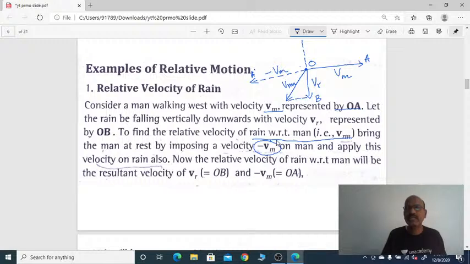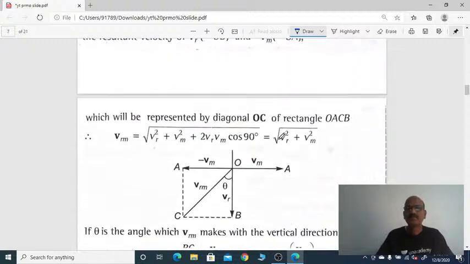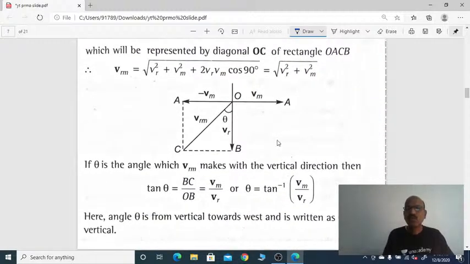If I take this right angle triangle with this angle theta, OA represents the velocity of man and OB represents the velocity of rain, falling vertically, at 90 degrees. To find the relative velocity, I draw an opposite negative vector, OA of equal magnitude in the opposite direction. That is why it's minus Vm.